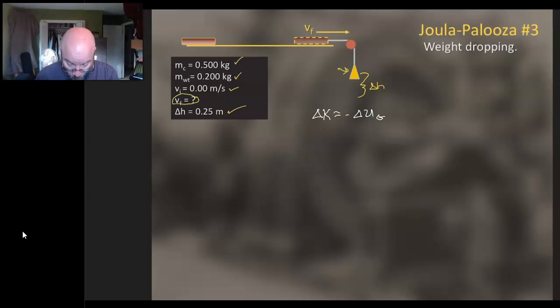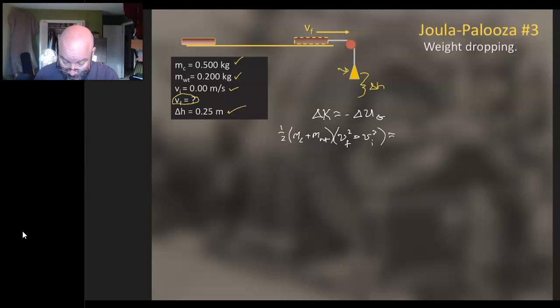Now, our K is always 1/2 mv squared is what we go with, but we need the whole thing that's moving. So we write it in here as 1/2 times the mass of the cart plus the mass of the weight, and then we'll have V final squared minus V initial squared, like this.